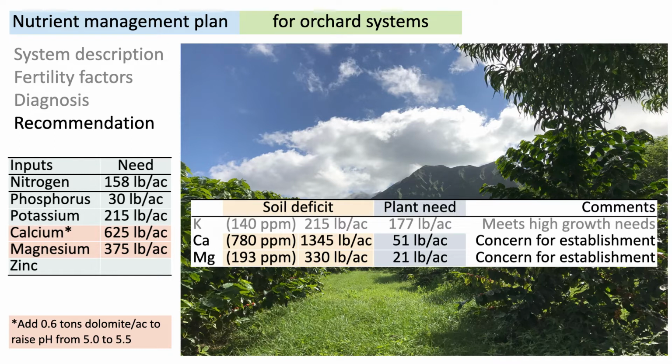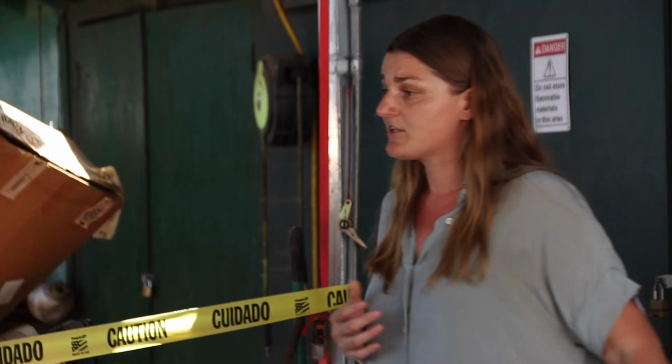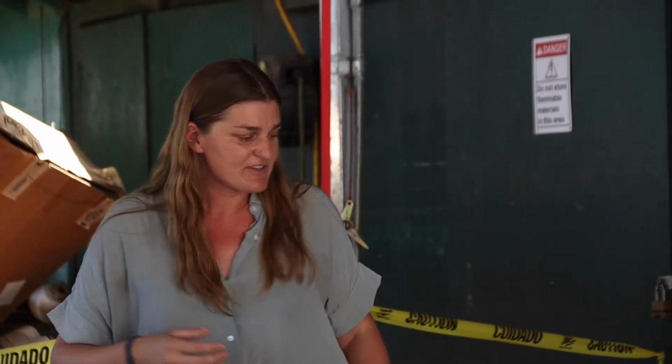But then when you look at the soil recommendations based on soil tests, they're very deficient. And you can see that the recommendation would be 1,345 pounds of calcium or 330 pounds per acre of magnesium. That's a huge disparity. And so if we just apply this, this may be a concern for the establishment phase. And so it's just something to keep in mind.